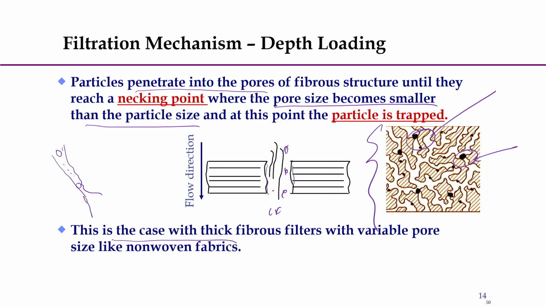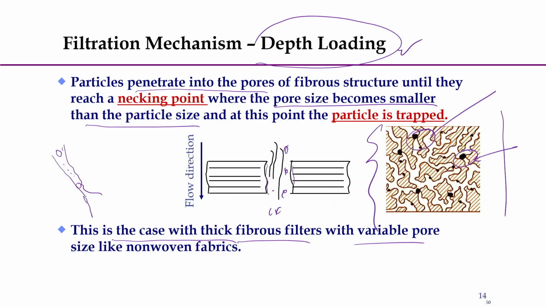This is the case with a thicker fibrous structure like non-woven, needle punch non-woven, a thick fibrous structure. This type of depth loading is taking place. So, depth loading is very important. Here the advantage is that it will keep the porous structure intact.